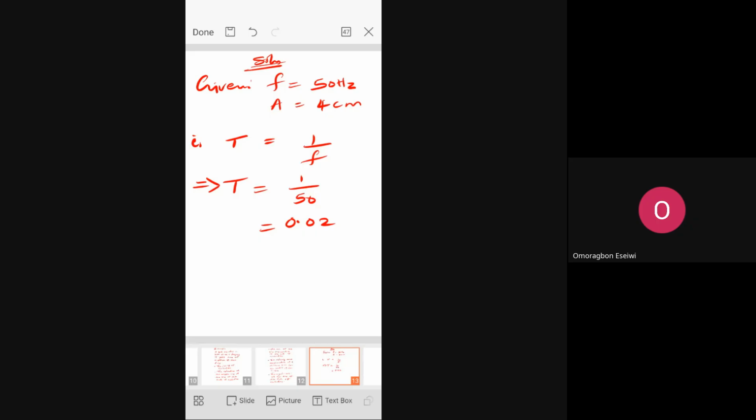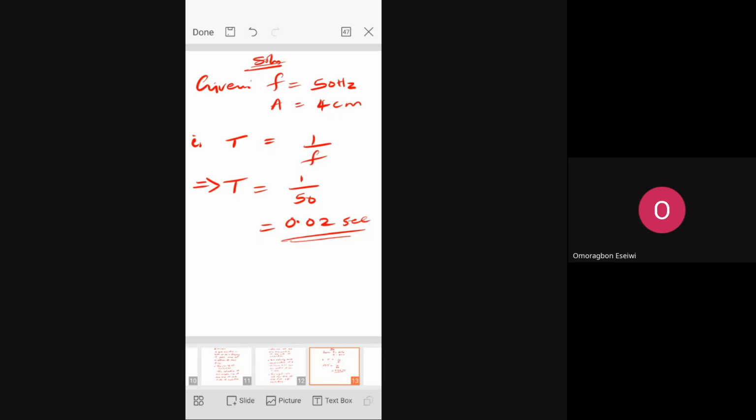And the unit, of course, is going to be seconds, not meters. So 0.02 second. Frequency is in hertz, and the period also has to be in the standard unit, and that is second. But notice that the amplitude is given in centimeters, so let me quickly convert that.